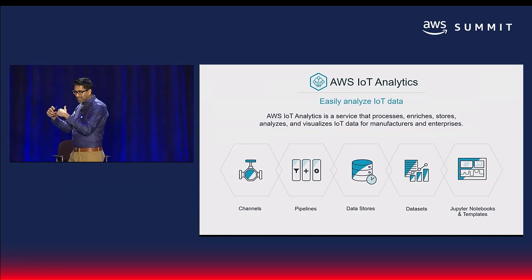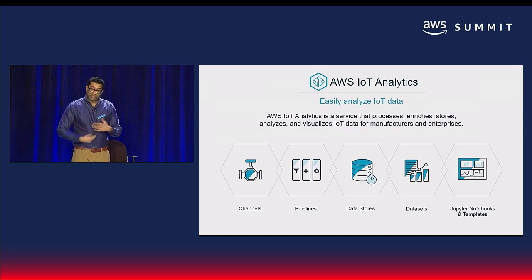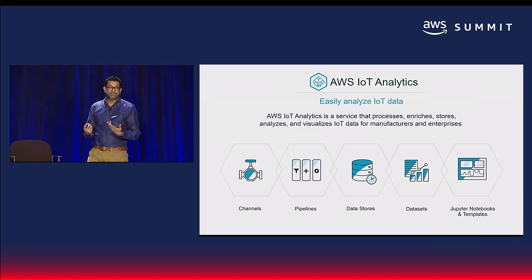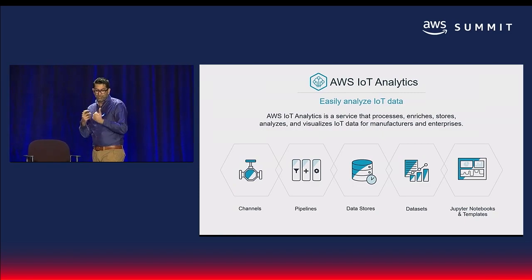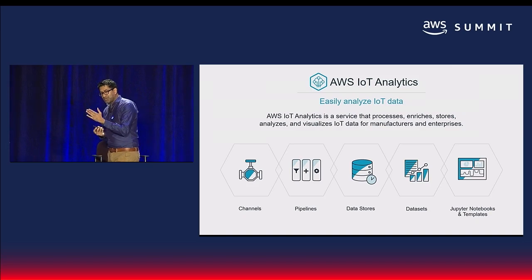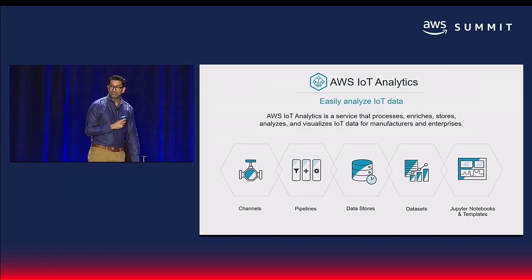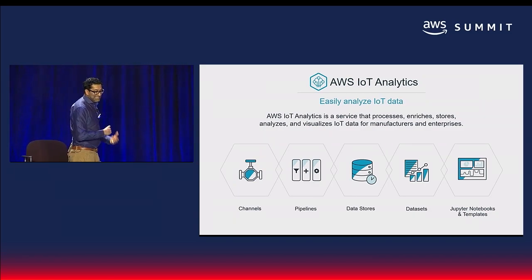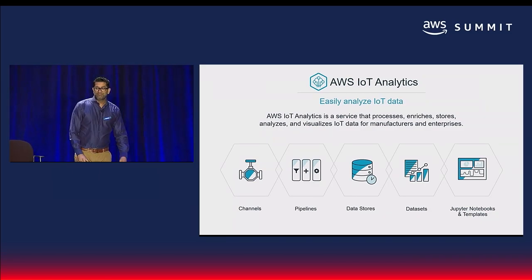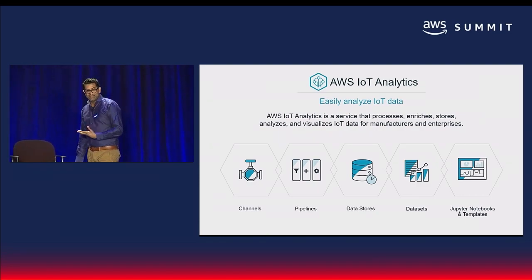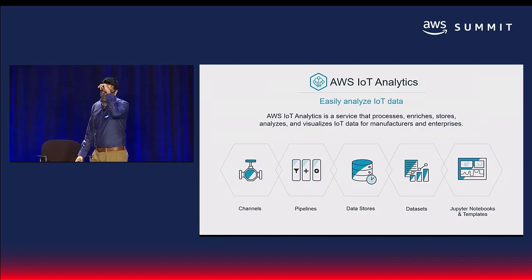So through that pipeline, you're going to store it in what we call a data store. And this is raw data, so you're never losing the data from before it got enriched as well. You then construct what we call data sets. And again, you can query using a SQL-esque language. Even better on the last one is you can use Jupyter notebooks. So if you're used to using that way of doing data science, we offer you that flexibility.